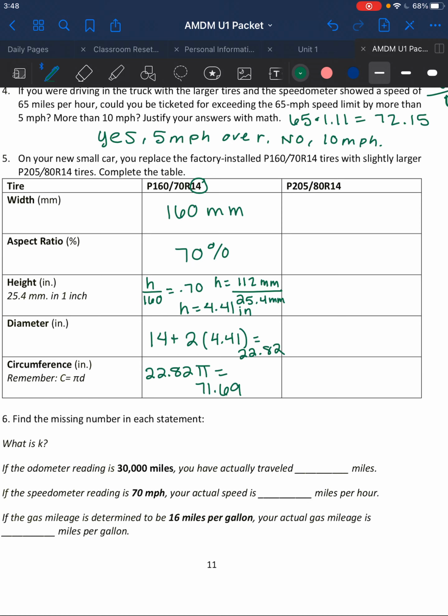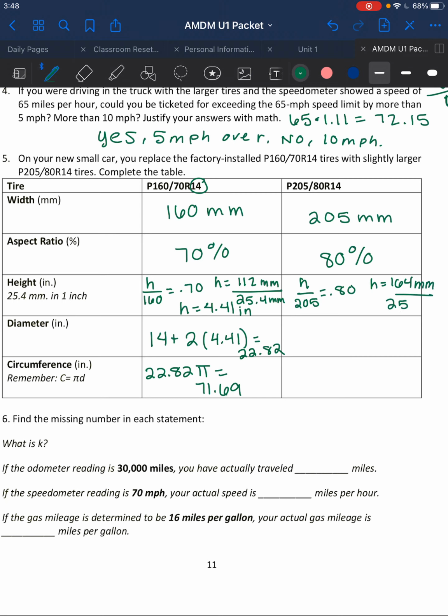Also remember, if you mess up one step along the way, it's going to give you a somewhat skewed result. So pay attention to all the numbers you're plugging in so you don't make any simple mistakes. My width for my new tires is 205. My ratio is 80%. My height is h over 205 equals 0.80. Solving that, h in millimeters is 164.